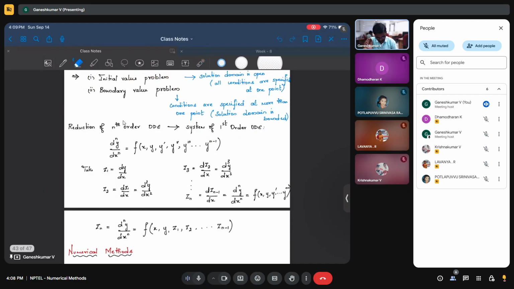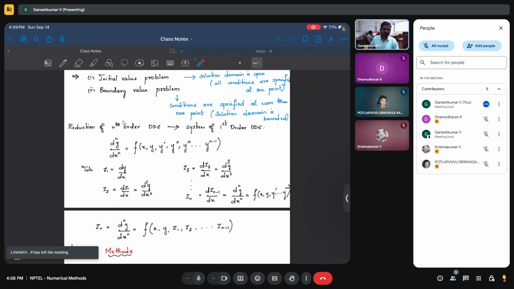Okay, and this is a very powerful technique, reduction of nth order ODE to a system of first order ODEs. We use it a lot in various fields; in all the fields it is applicable.